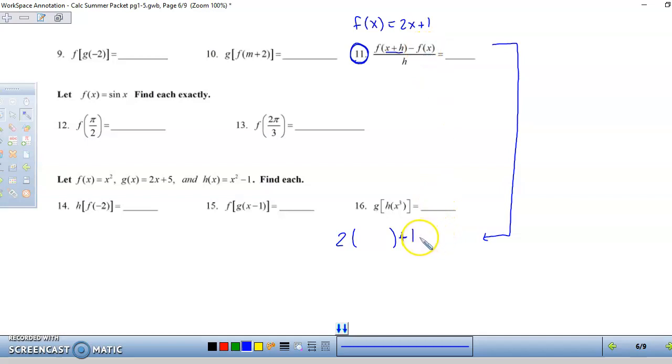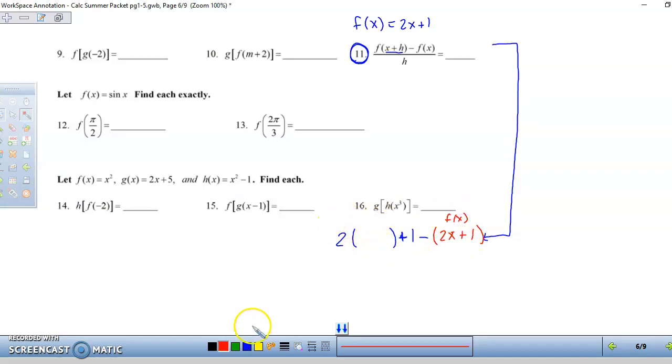Now here's another major problem. When you subtract f of x, you need to have parentheses. People make that mistake all the time. You need to have parentheses because you're subtracting the whole function. So the whole function is 2x plus 1. So this is f of x.